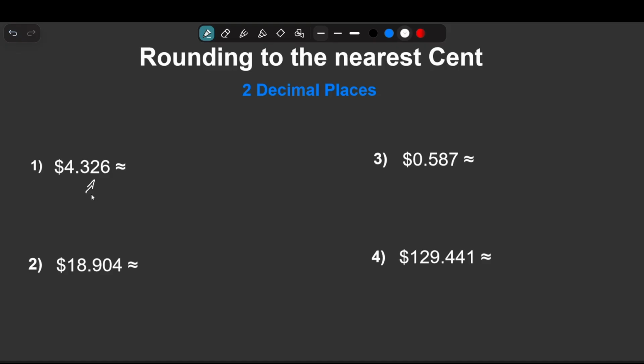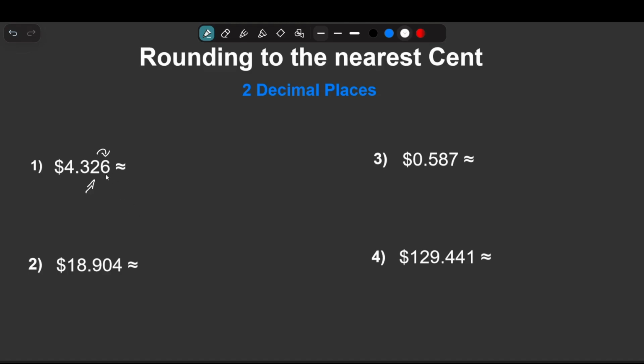Now we know that we have a 2. We have to figure out if it is closer to the 2 or closer to the 3. So we look to the digit on the right, in the thousandths place. This digit tells us if we stay the same or round up. Remember, 4 or less we stay the same, and 5 or more we round up.